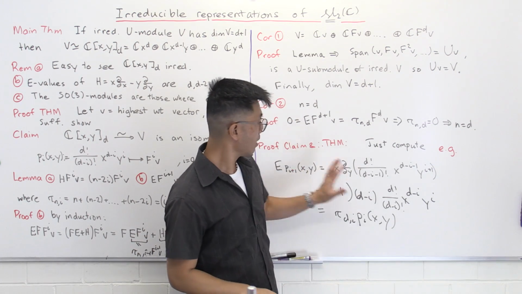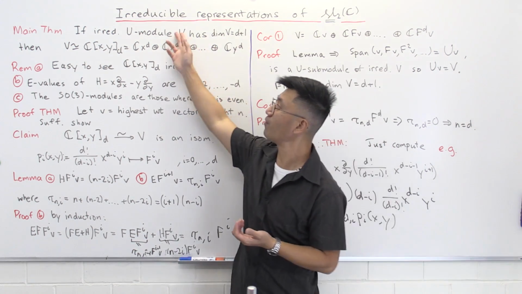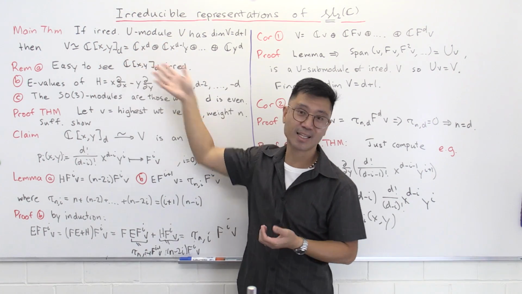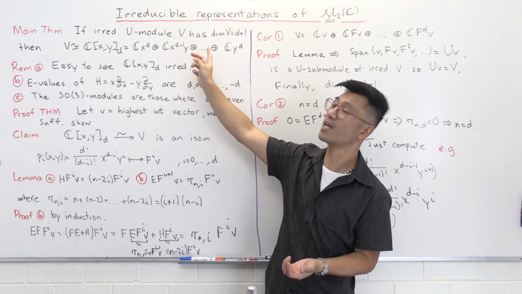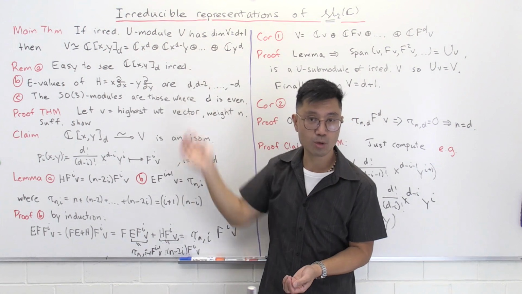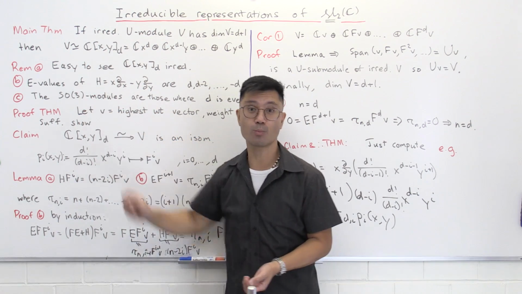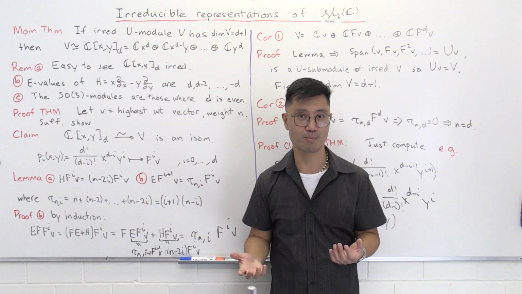And so that essentially completes the proof that this irreducible module V is isomorphic to this one here. So this gives a complete classification of all the irreducible modules over SL2C, the Lie algebra, and hence all the finite dimensional irreducible SU2 modules, and also the finite dimensional irreducible SO3 modules. I hope you enjoyed this adventure in pure mathematics.